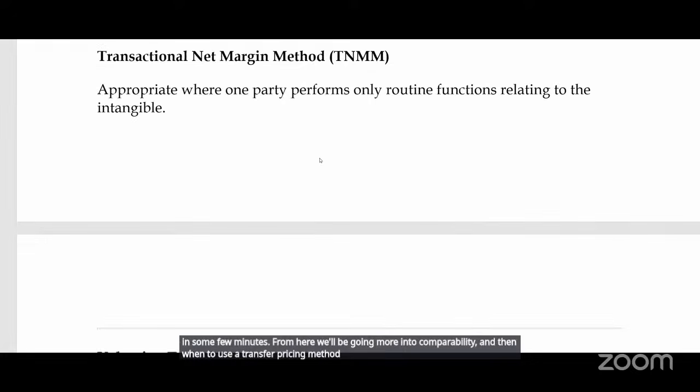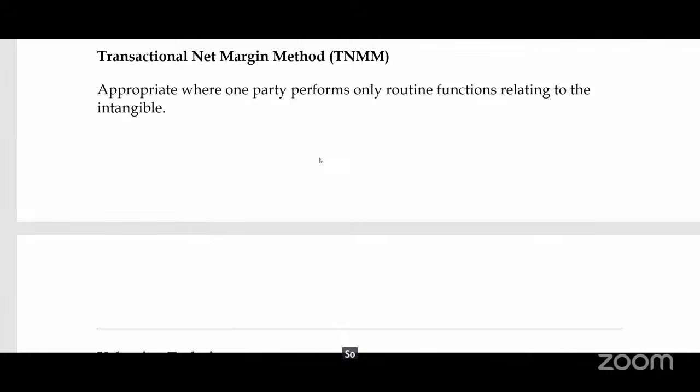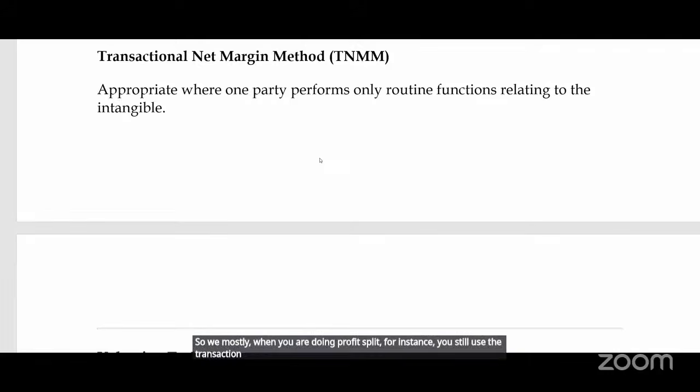Now, the transactional net margin method will be appropriate when one party performs only routine functions relating to the intangible. So mostly, when you are doing profit split, for instance, you still use the transactional net margin method. What happens is that you have routine functions and non-routine functions: things you do every day and things that require special contribution.